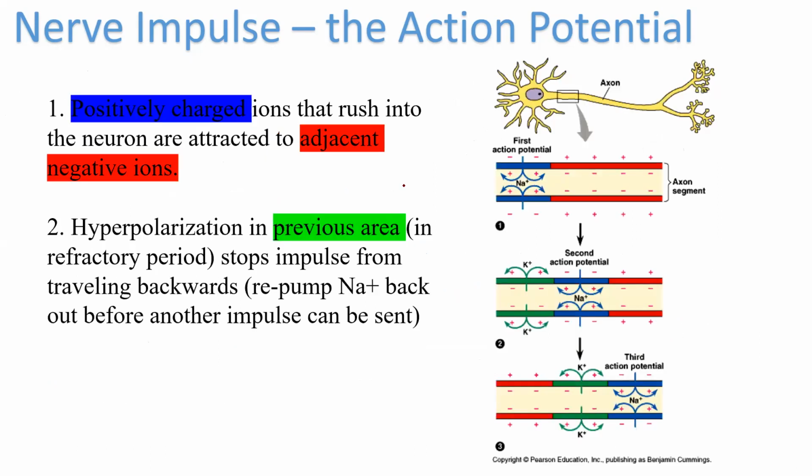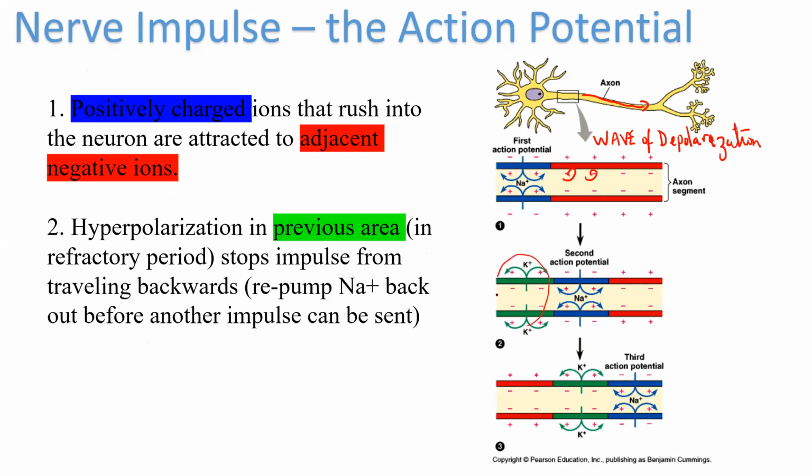So positively charged ions that rush into the neurons are attracted to adjacent negative ions, and that's going to cause this wave of depolarization occurring down the neuron. Now, remember this side here had just fired.